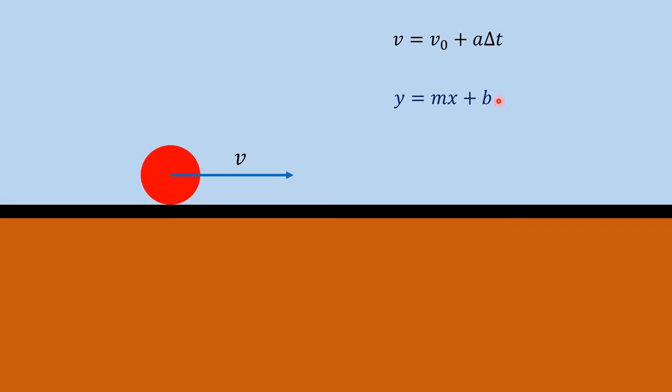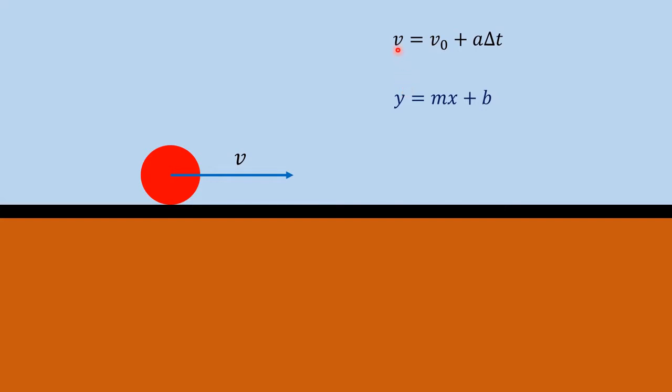And that equation has the same form as this equation if we make a couple identifications here. Instead of our independent variable being called x, what if we call it delta t, or time? And instead of calling this number in front of x, m, evidently, we're calling it a, and instead of the constant being called b, our constant is called v naught, and instead of the dependent variable being labeled y, now we're labeling it v.